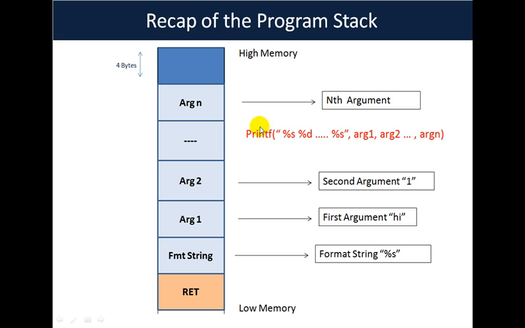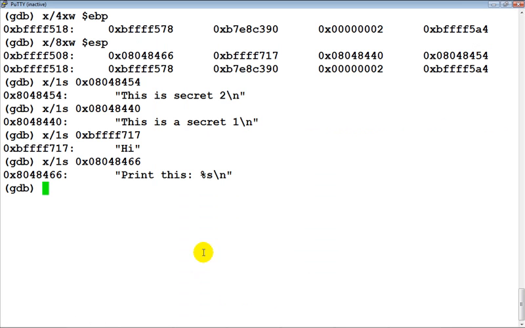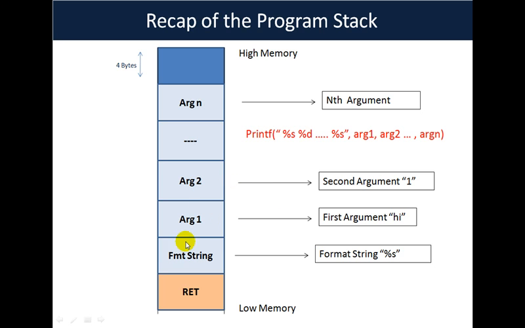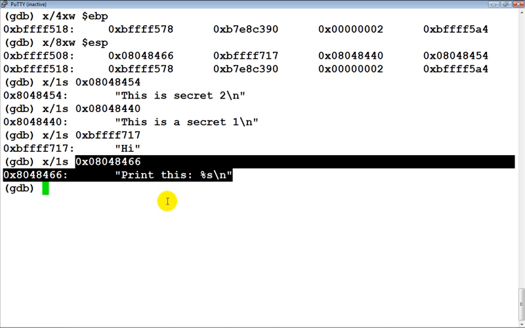Now for such an invocation, what does the program stack look like? Once printf is called, inside printf, of course, you're going to have the return address back to the caller of printf. Then you have the format string stored, as we have seen, right? The first address here is nothing but the format string. Then you have arg1, which was hi in this case, right?